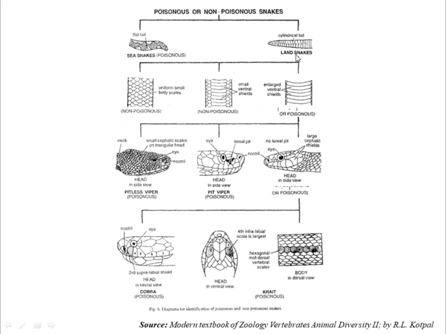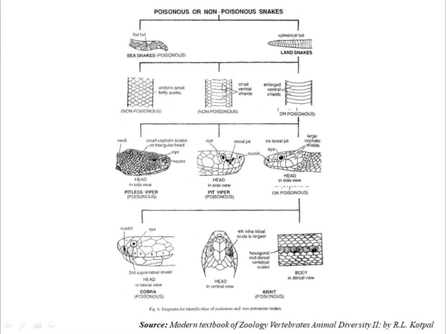So the second key identifying feature will be its belly region. Here you can see the belly region scales. Belly region means the ventral part of the snake. If the ventral region of the snake has uniform small belly scales, then it is non-venomous.